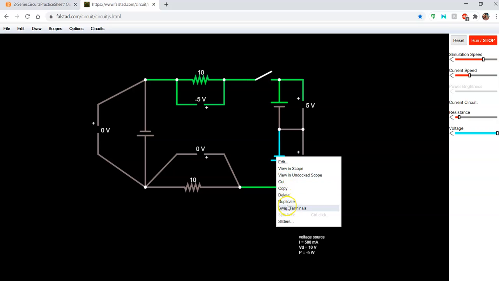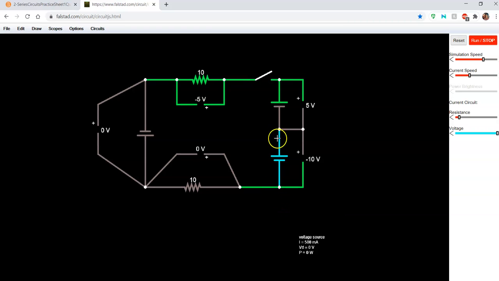This one, I'm going to swap the terminals so we can have additive polarity. Remember that in additive polarity, positive has to be connected to the negative terminal. So this positive here is connected to this negative terminal, and then this positive here would be connected through the resistor to that negative terminal.